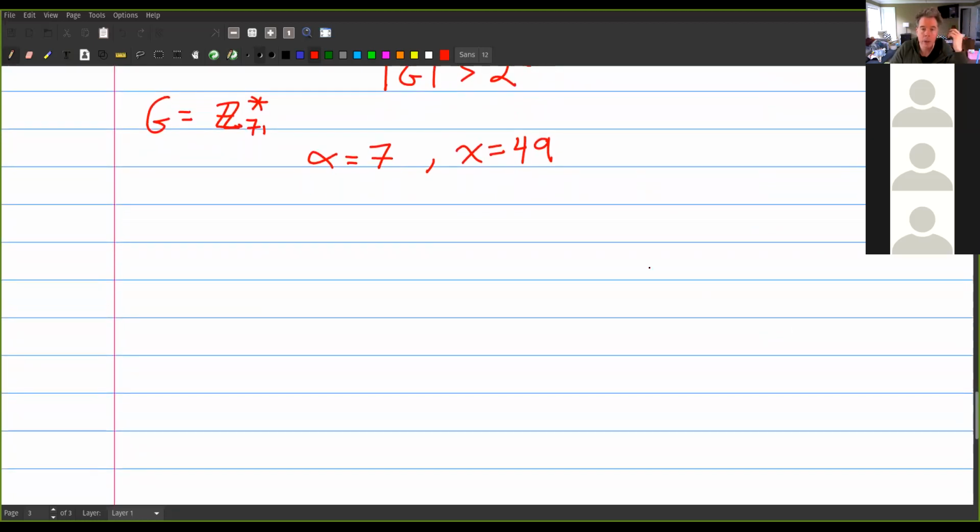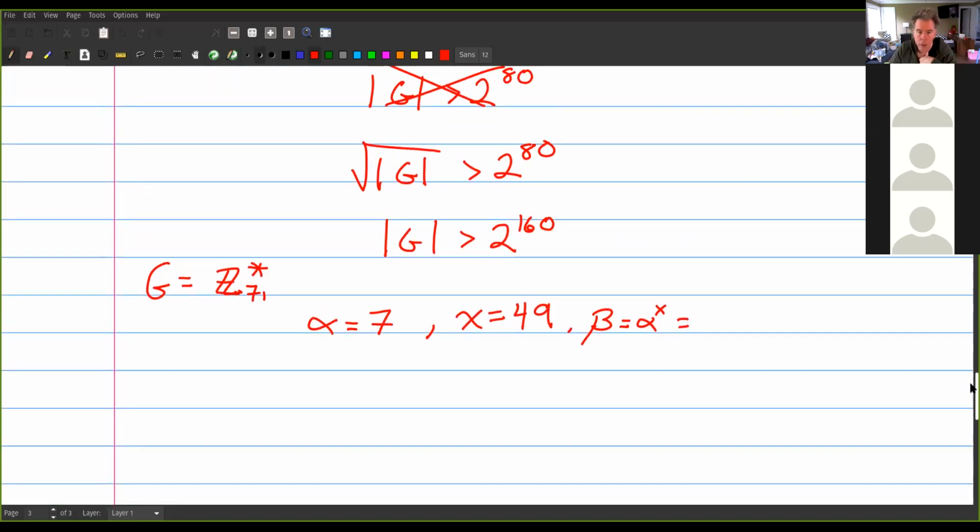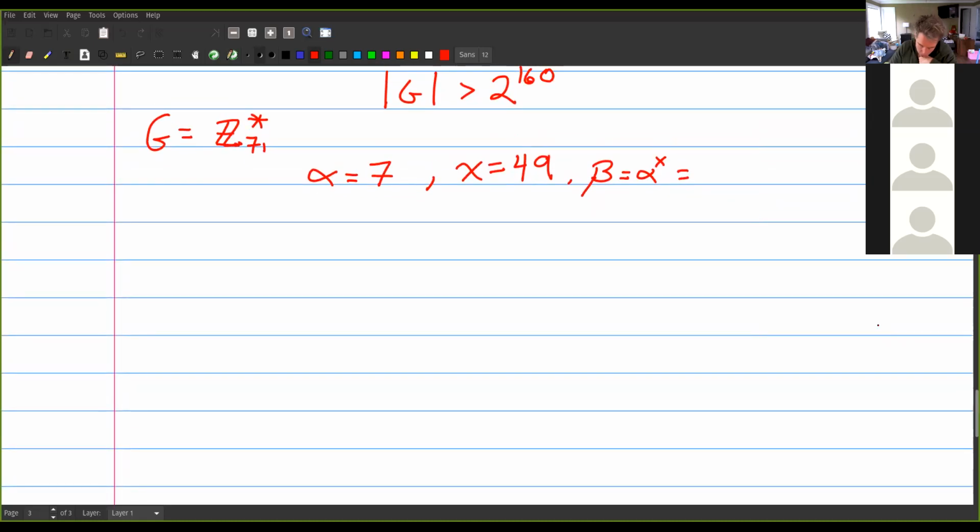And so that forces beta. So beta is alpha to the x, and if you do 7 to the 49th power mod 71, then that turns out to be equal to 17. Okay, so alpha is 7, x is 49, beta is 17.